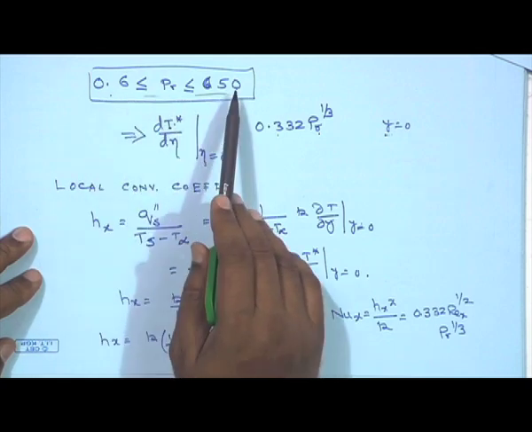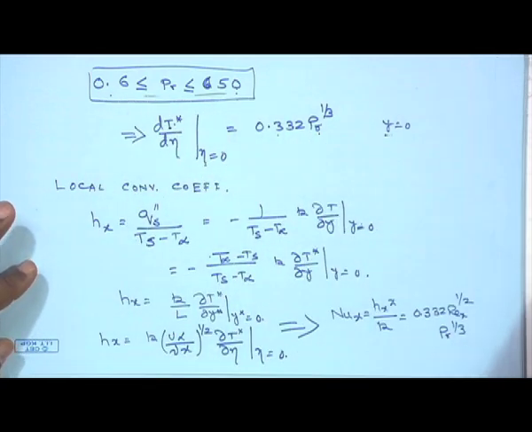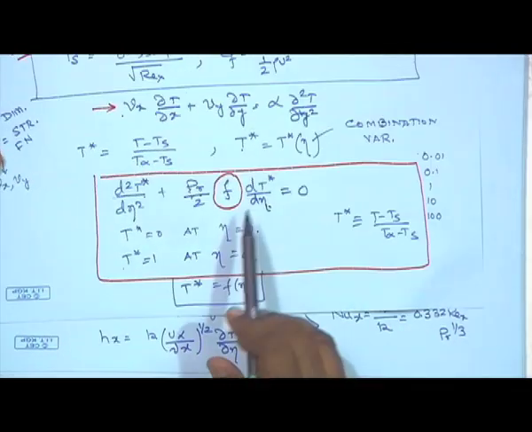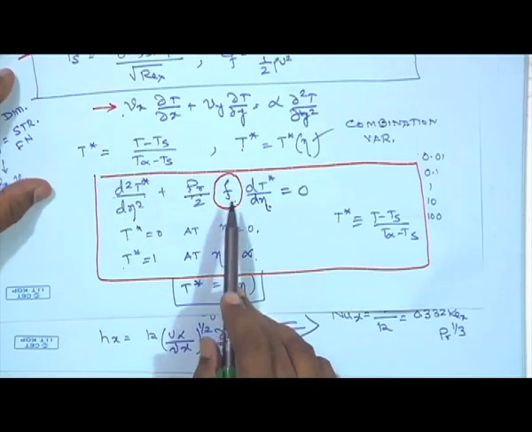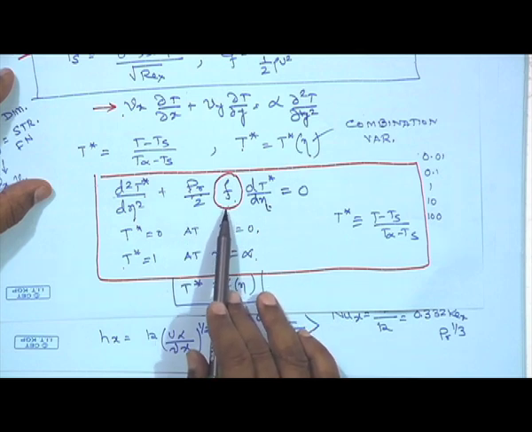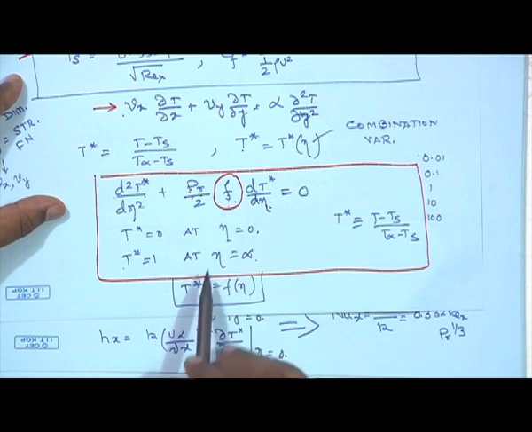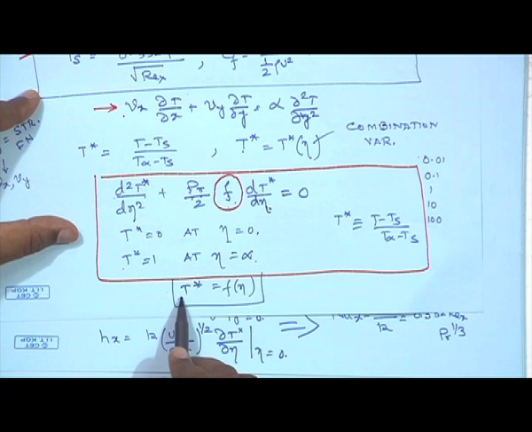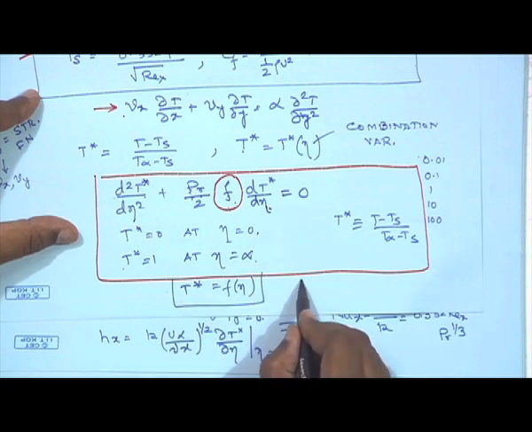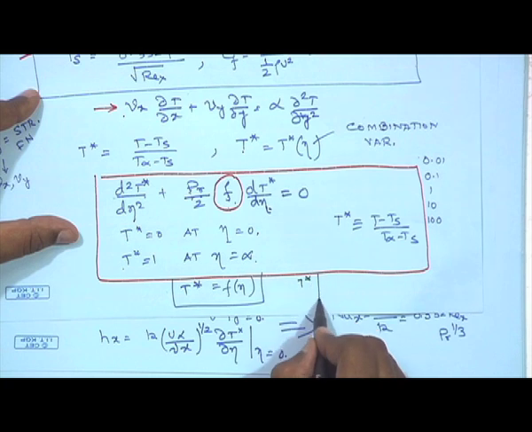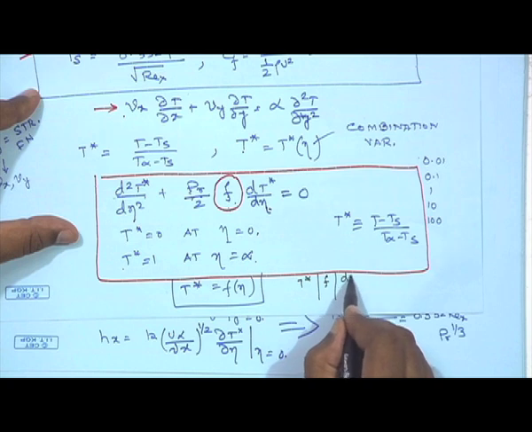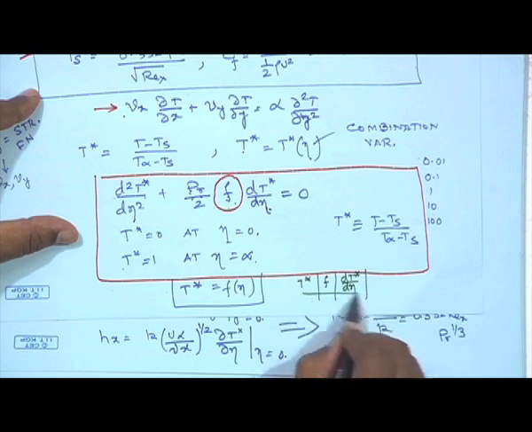So, the governing equation has been solved, and a table similar to what we did for the hydrodynamic boundary layer was obtained, where the values of T star, the values of f, and the values of dT star d eta were obtained.